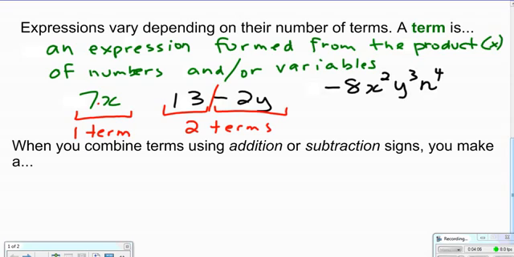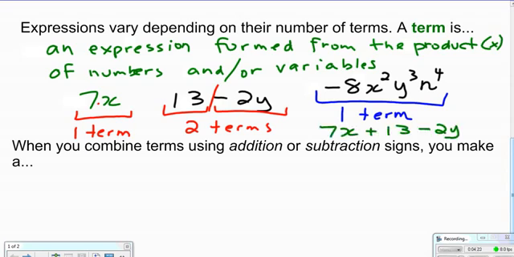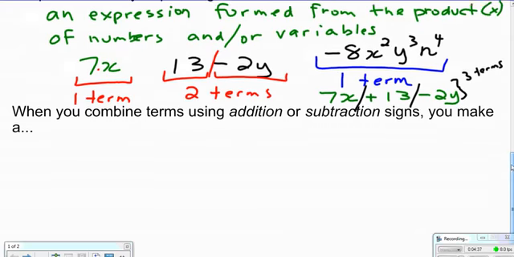Let's say there's only one subtraction sign, so this whole thing together is one term. Okay, I'll just do one more example. So let's say we had 7x plus 13 minus 2y. Well, we have 1, 2, 3 terms. Because every time we see an addition or a subtraction signifies the start of a new term.